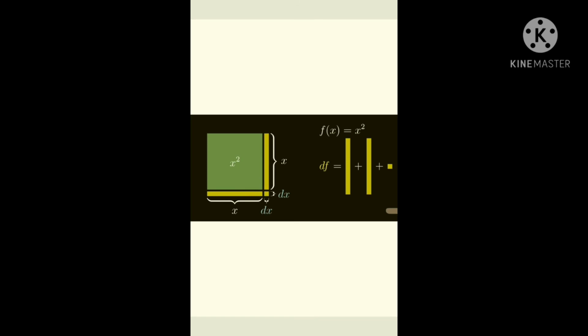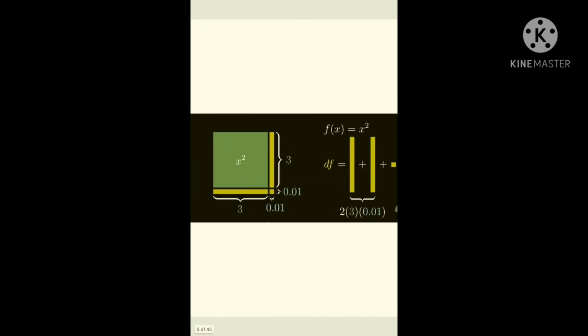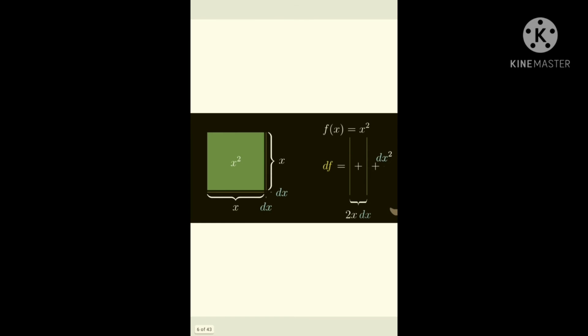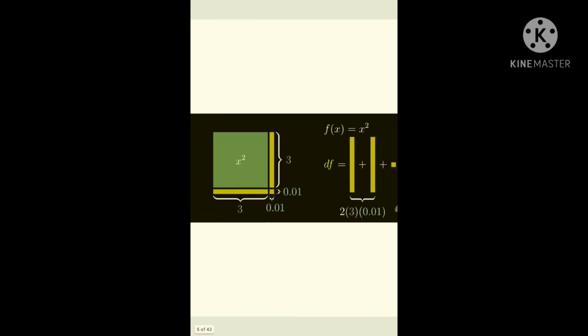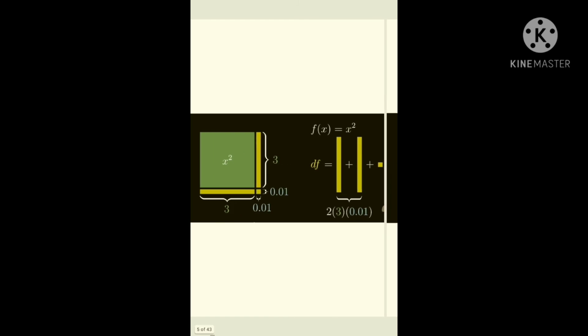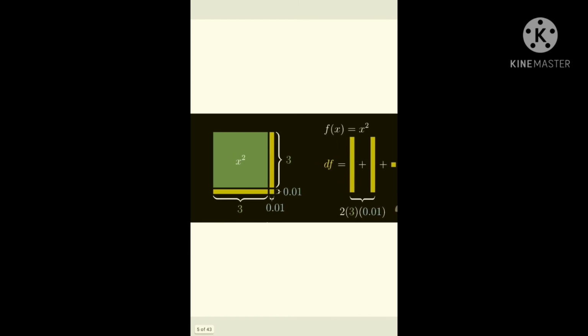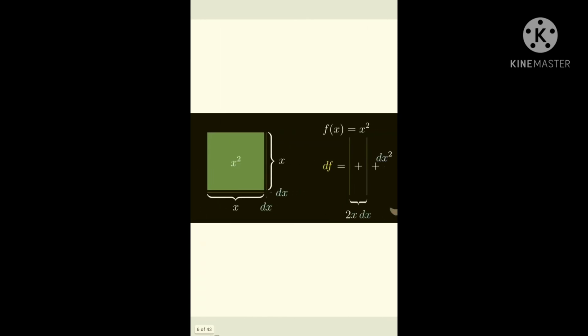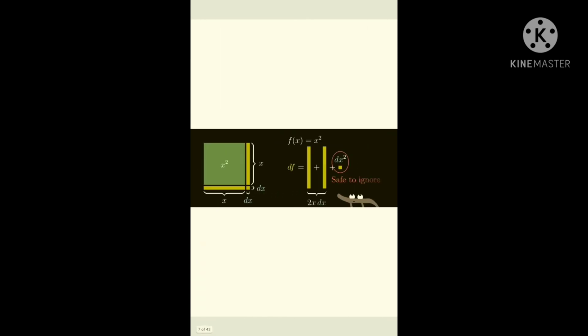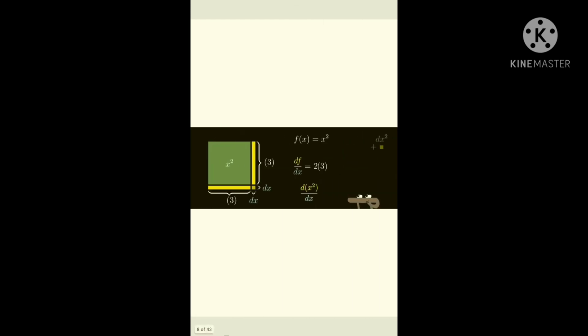So if this yellow portion indicates a small increment in your square, then how to take the derivative of this one? It is 2x into dx. And if I want to decrease this yellow portion, it will become 0.000 towards 0, and you can consider this negligible.